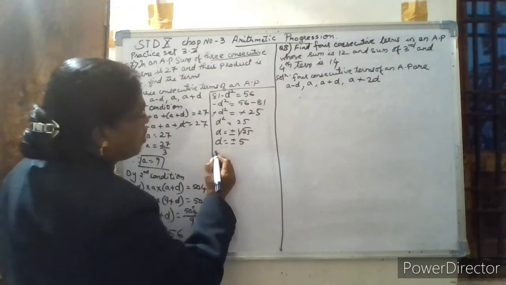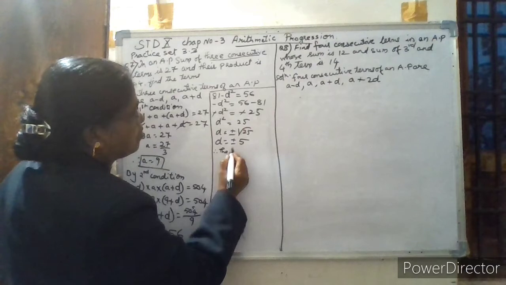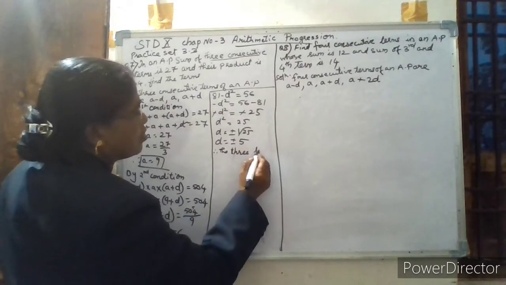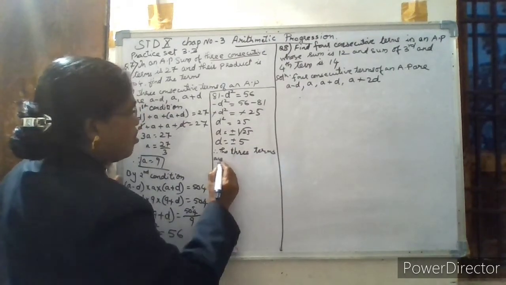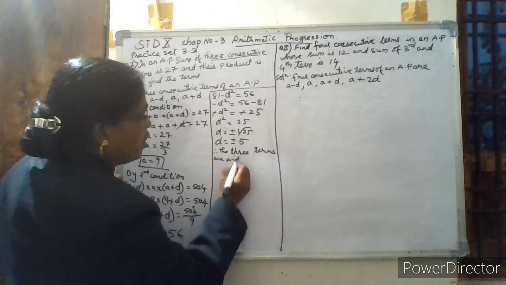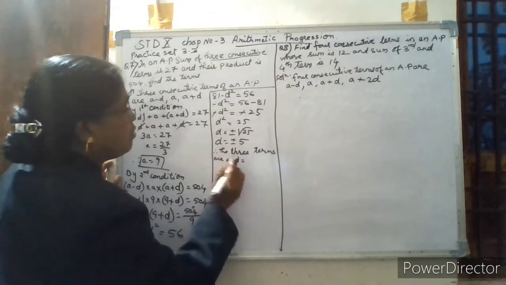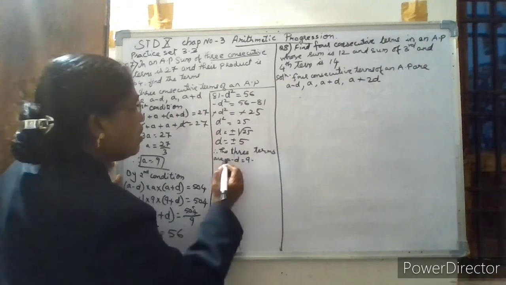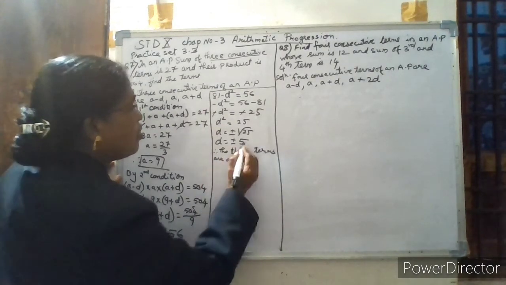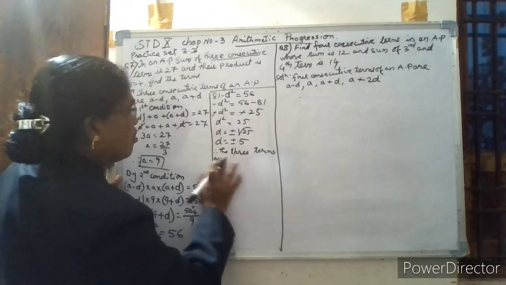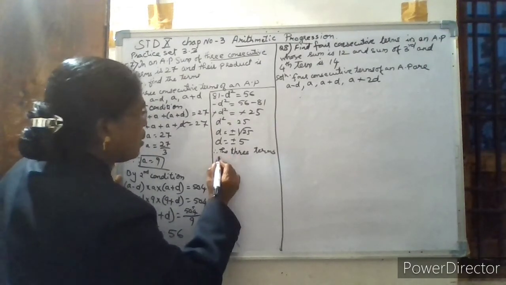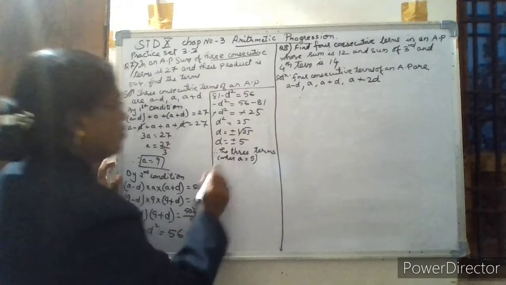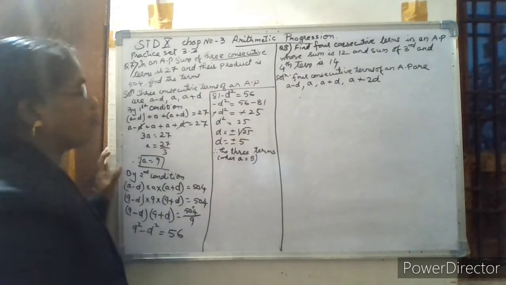Therefore, the 3 terms, when we take the d value as 5, and then we also solve it with d value as minus 5.